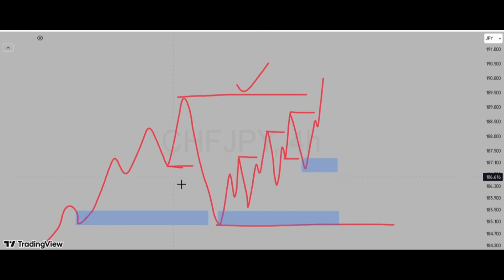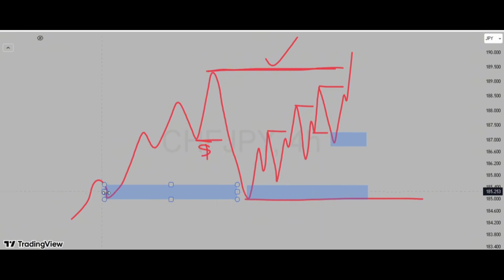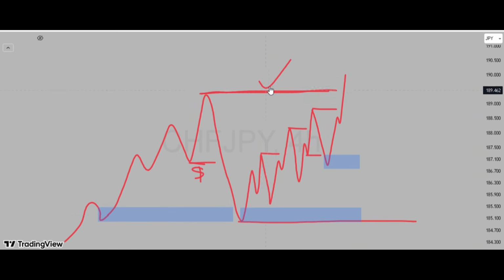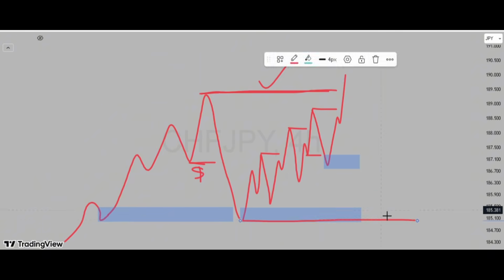When market takes out this inducement, we mark this high as our swing high. Then market mitigates the POI, then closes above the swing high. That's when we confirm that this is going to be our swing low.